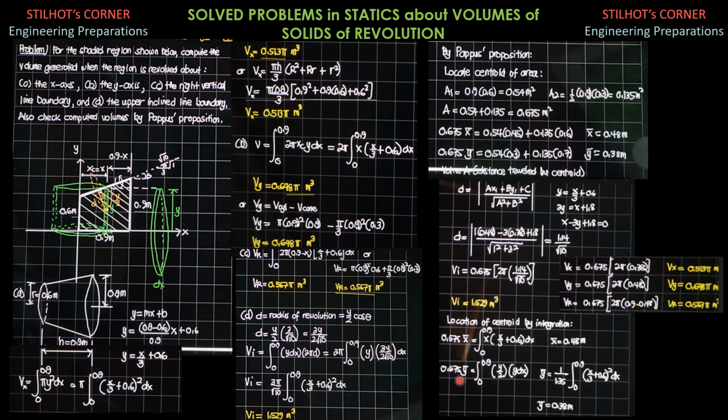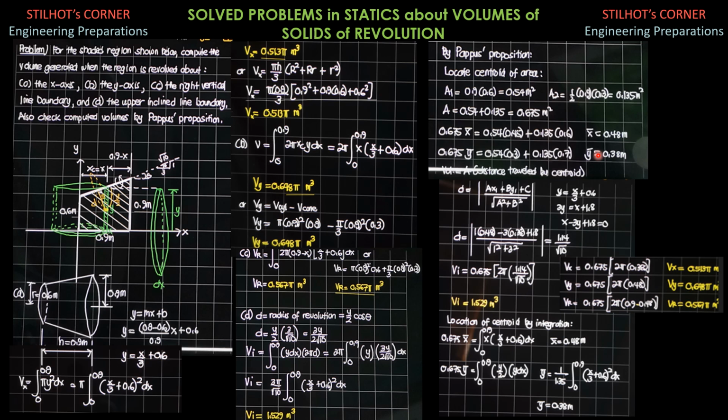Then for barred y, 0.675 barred y equals the integral from 0 to 0.9, because the centroid of the rectangular strip is half of its height from the x-axis, so it is y over 2. dA is still y dx, so 1 over 2 times 0.675, so 1.35 integral of y squared dx. So this is y, quantity squared dx. So barred y is indeed 0.38 meter.